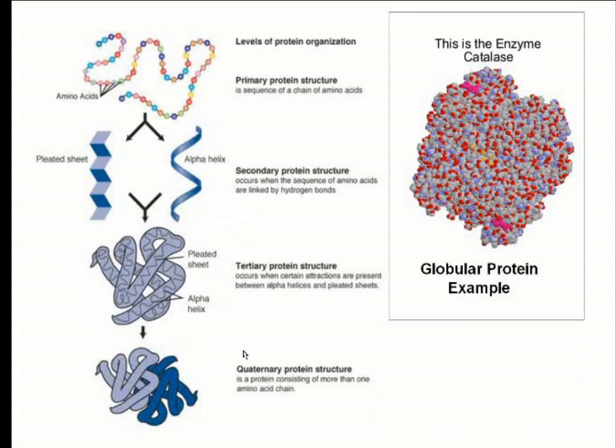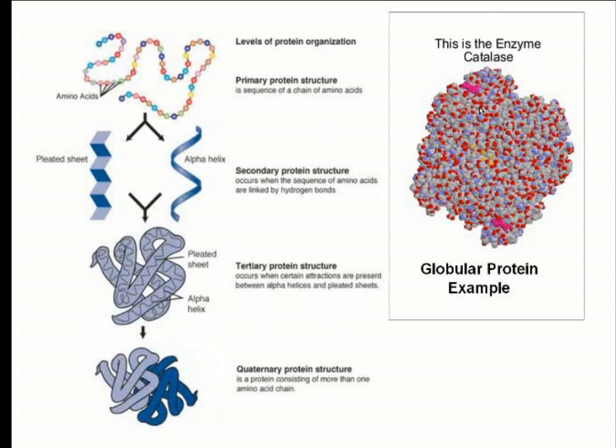And finally we have the quaternary protein structure, which is a protein consisting of more than one amino acid chain. That's pretty self-explanatory. It's a protein with more than one amino acid chain.